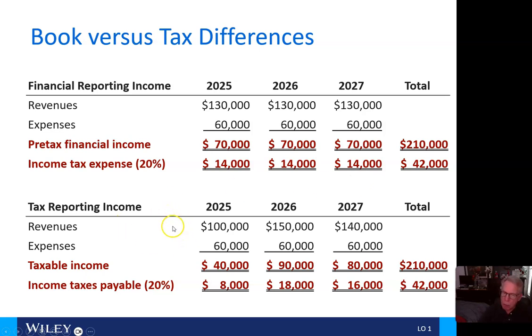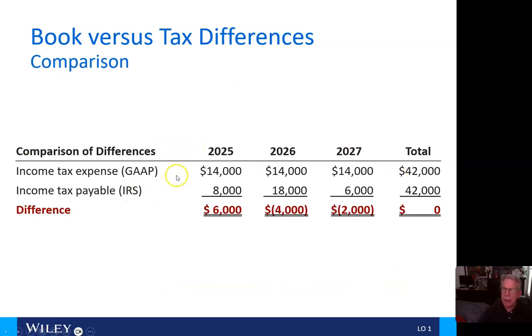However, for tax reporting, because the revenues were different, taxable income is going to be different, and our income taxes payable are going to be different. However, over the 3 years, it's going to be the same taxable income as the pre-tax financial income would be.